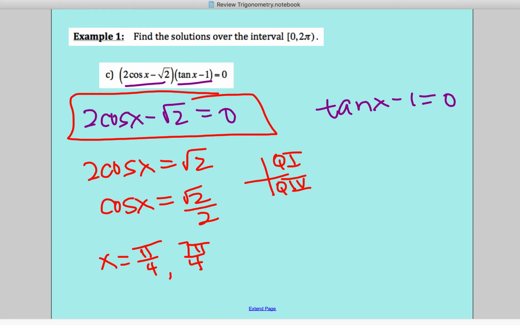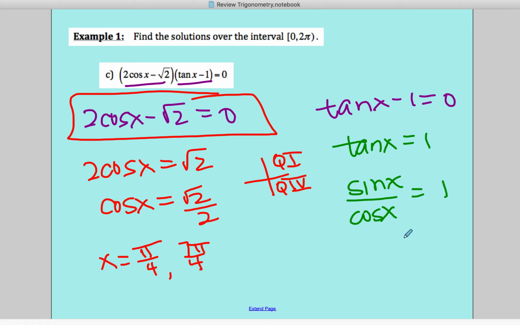Then I would also go ahead and solve the other equation. So I just go ahead and get tangent by itself. There's a few ways to tackle tangent. You could think about this as really sine over cosine of x, which I think is maybe the easiest way. So you'd have to say, what angle would my sine value over my cosine value give me an answer of 1?